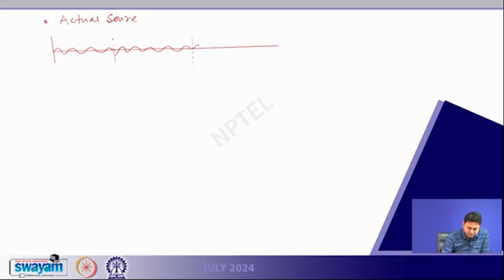Then there is another sudden jump of the phase, and we have a radiation. Then again a sudden jump of the phase, and we have a radiation. It is something like that over t.